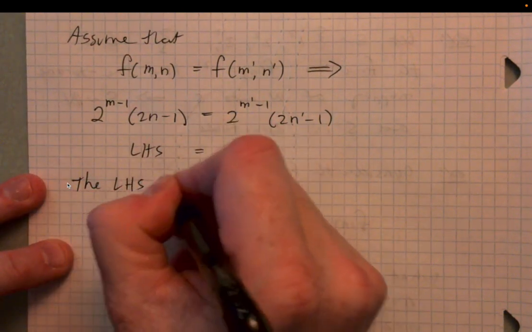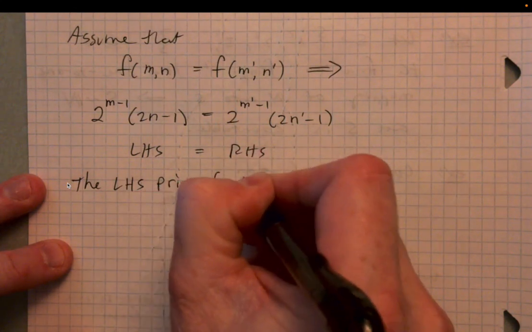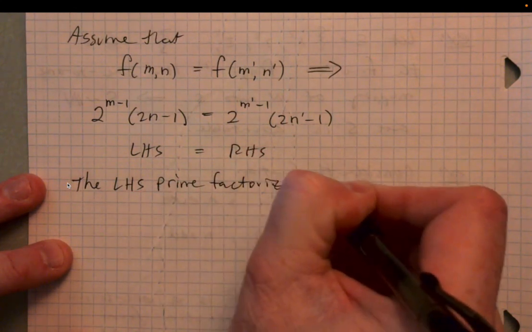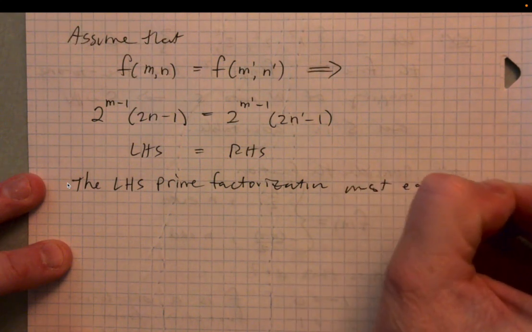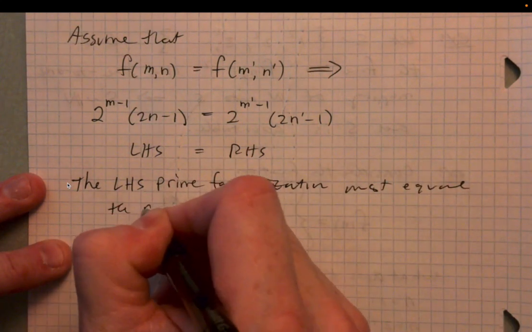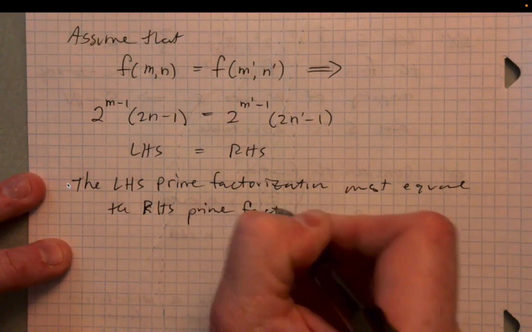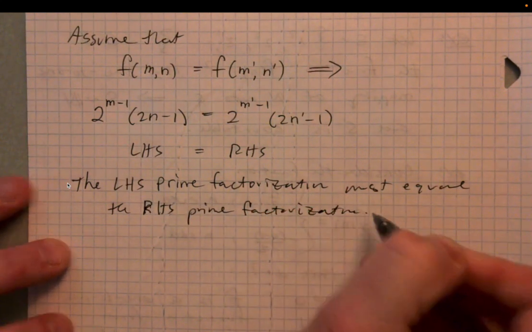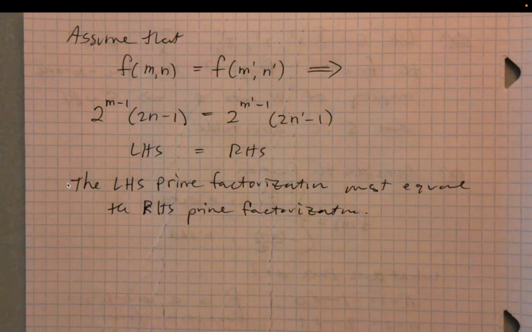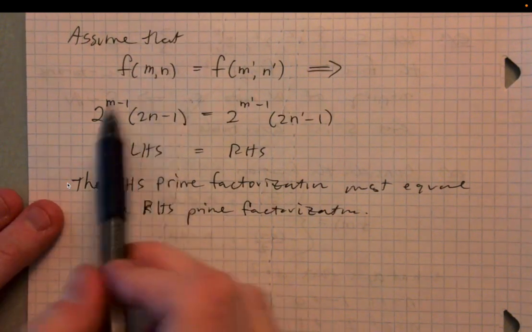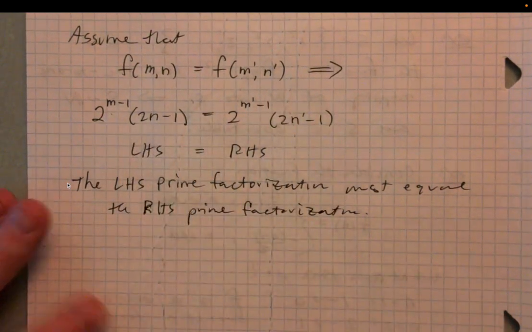So the left-hand side prime factorization must equal the right-hand side prime factorization. That's just the fundamental theorem of arithmetic: every natural number has a unique prime factorization. So if this number over here equals this number over here, then they must have the same prime factorization.